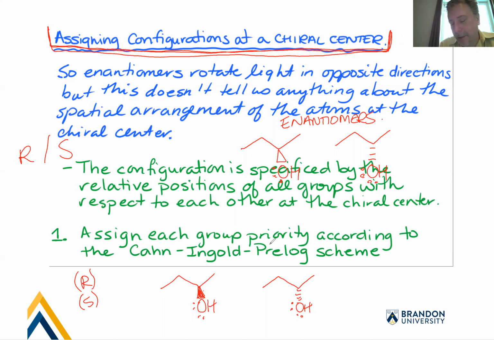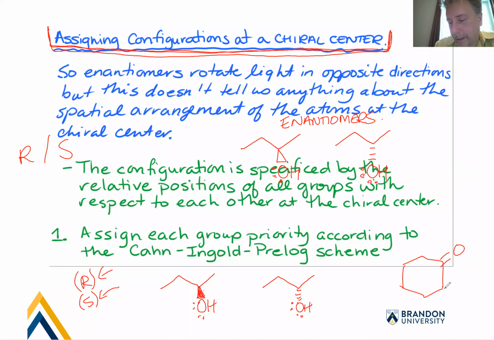Then we're going to make sure that the molecule is drawn in the appropriate perspective, so the lowest priority substituent is pointing away from us. Then we look at the three remaining groups and determine their spatial arrangement, and based upon that, we're going to assign it R or S.